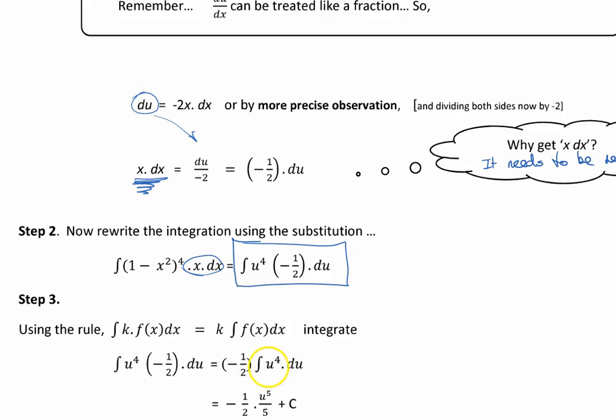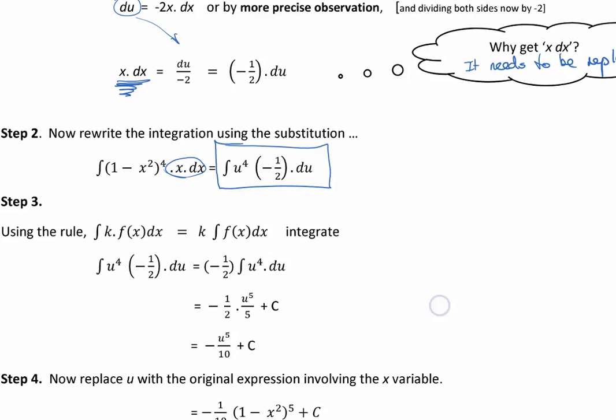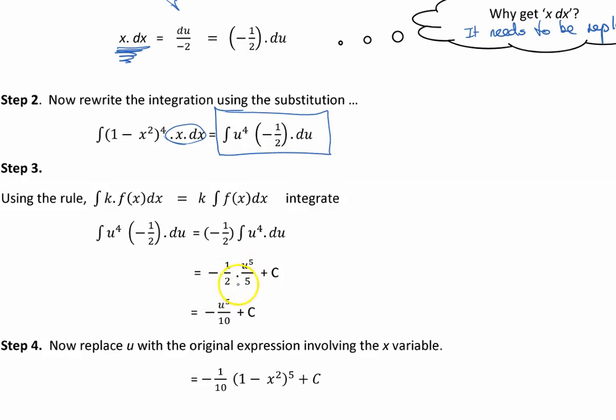Our variable is u, not x's, but that doesn't matter. It's u, and we're integrating with respect to u. That's a nice simple integration. Add 1 to the power, divide by the new power, and keep your -1/2 going. Add your constant, and you've got just combining those two fractions, negative u to the 5th on 10.